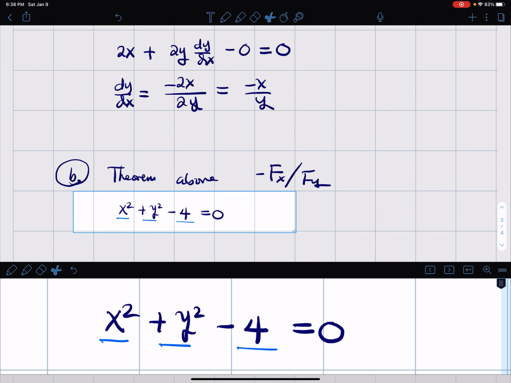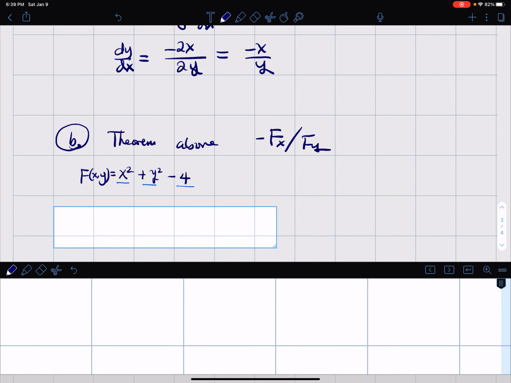Get rid of the 0 here. This is your f of x, y.